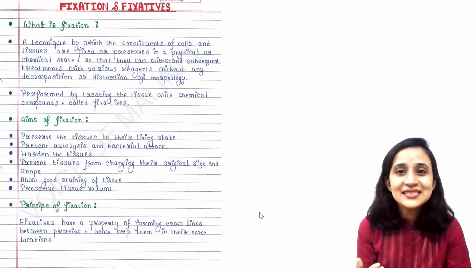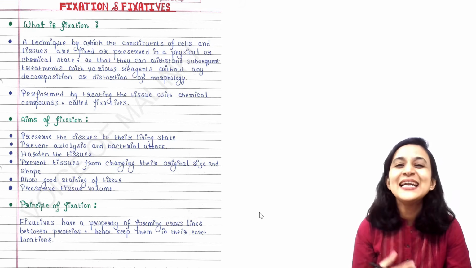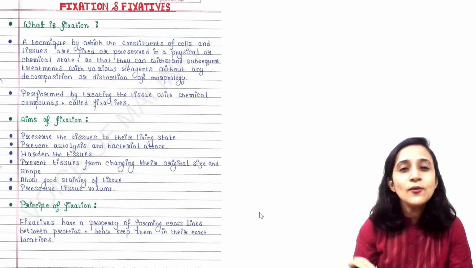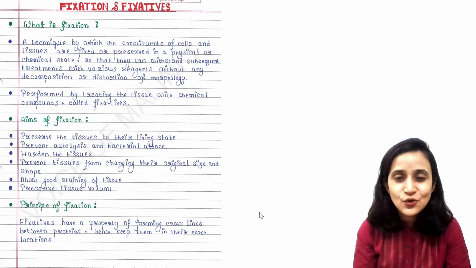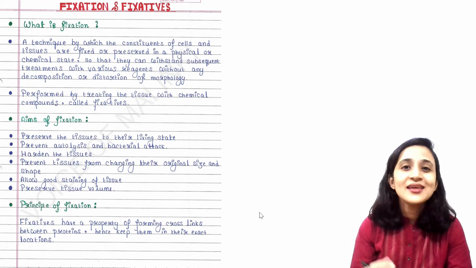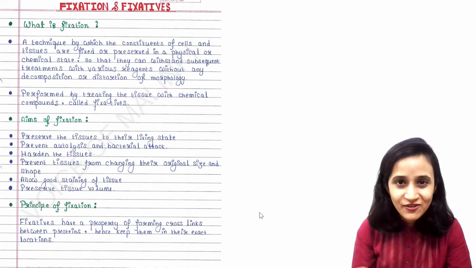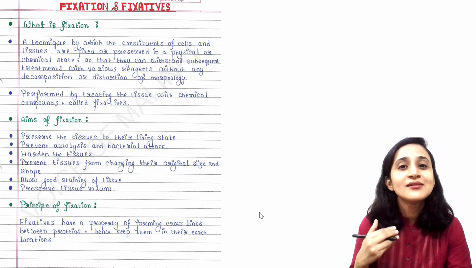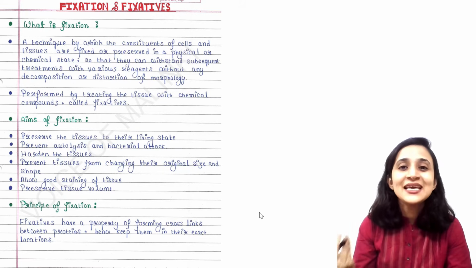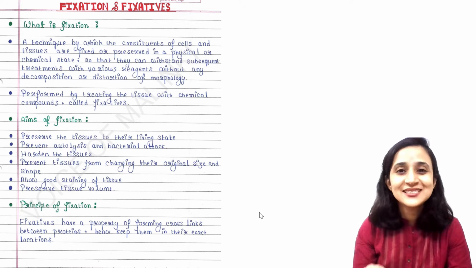And the second thing is, the cell is very delicate. The human cell is very delicate. So you need to make that cell or tissue a little bit hard. For that you need to do one thing first. Before undergoing the staining process, you have to fix the cell.